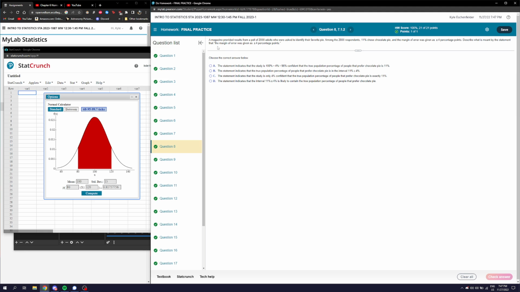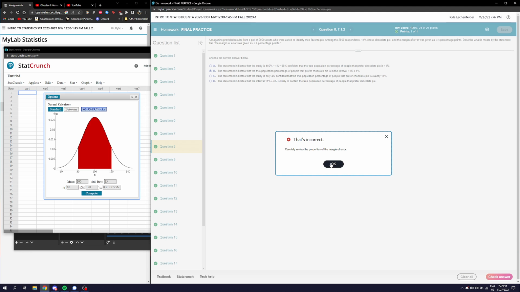So, the margin of error was given as plus or minus 4 percentage points. I think it'll be this, let me read first. No. It should be this one, because it's just common sense, I believe. Plus or minus 4%, it's pretty self-explanatory.